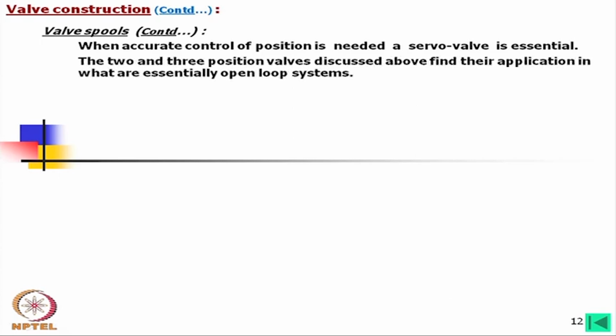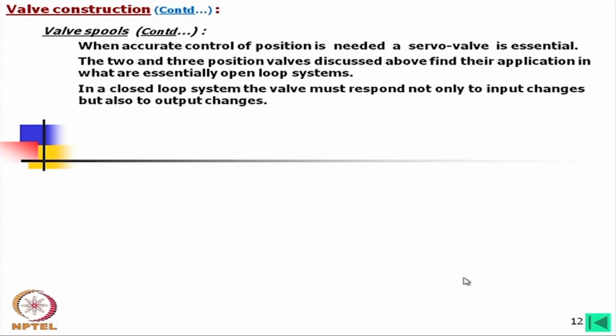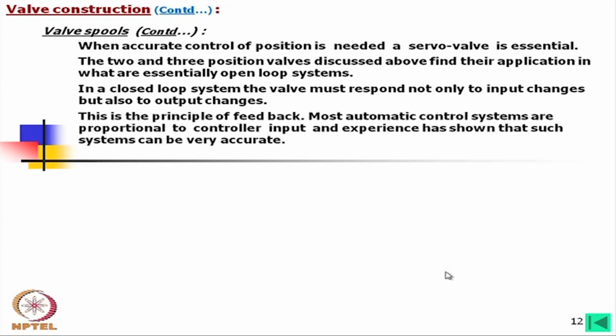The 2 and 3 position valves discussed earlier find their application in what are essentially open loop systems. In closed loop systems, the valve must respond not only to input changes, but also to output changes. This is the principle of feedback.